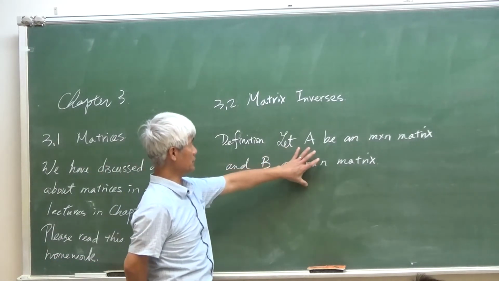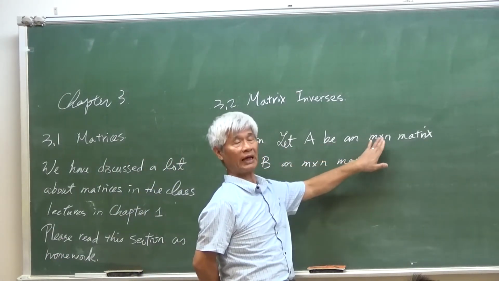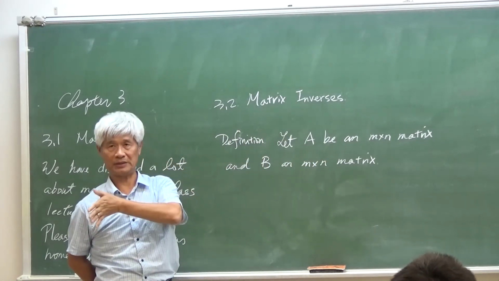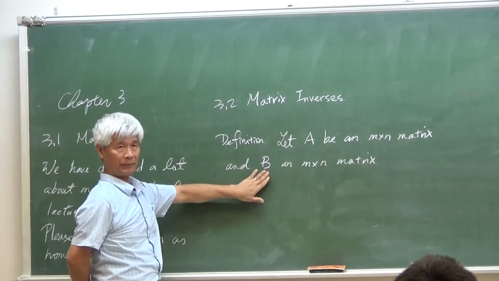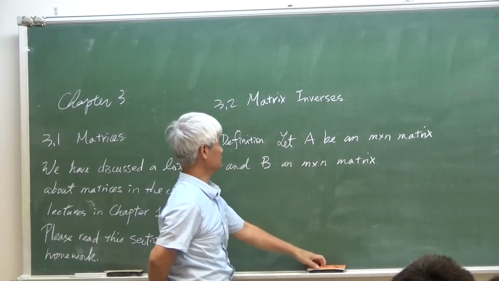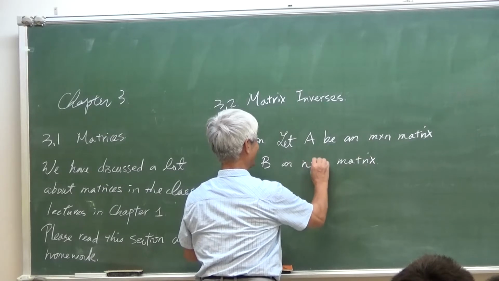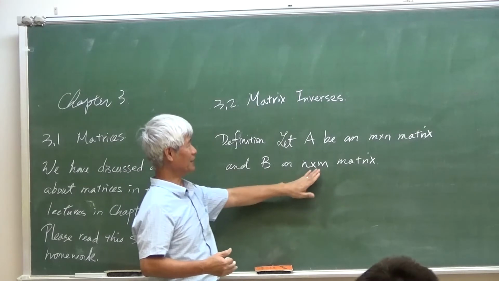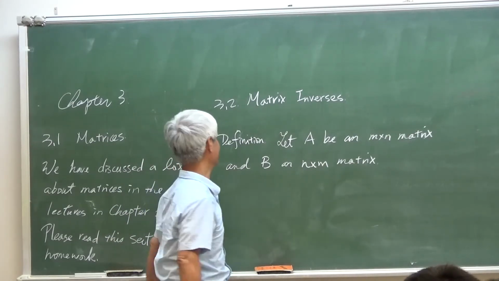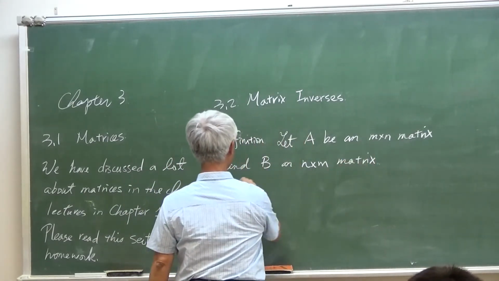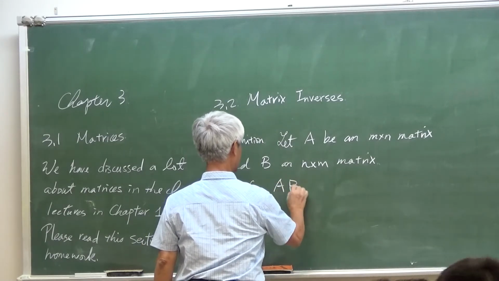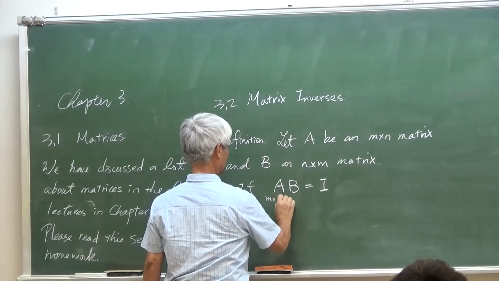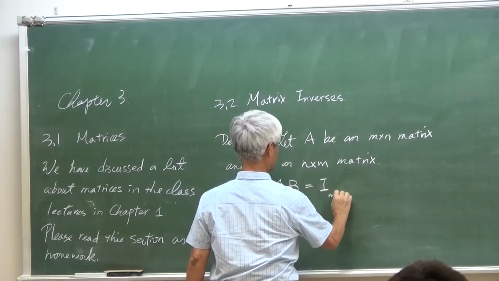Right, so we have two matrices. A, the dimension is M times N, so A has M rows and N columns. But on the other hand, the B matrix has N rows, but M columns. Right, if A times B equals the identity, so what is the dimension of the identity? Must be M times M, right?